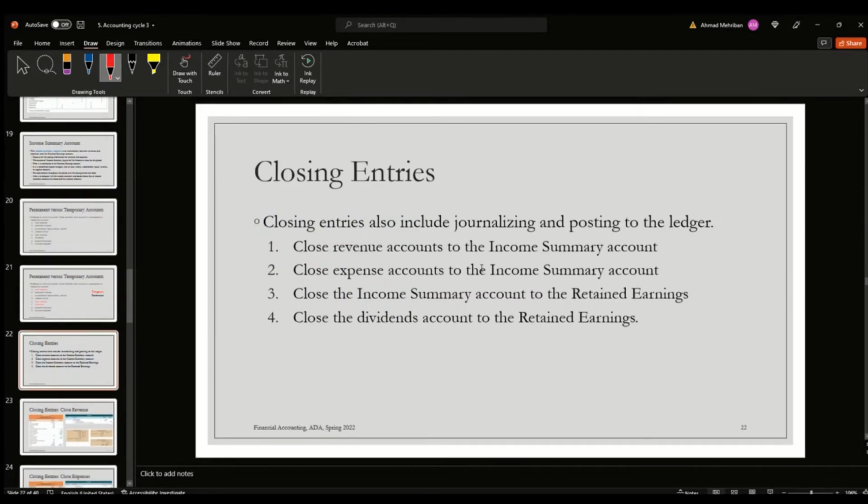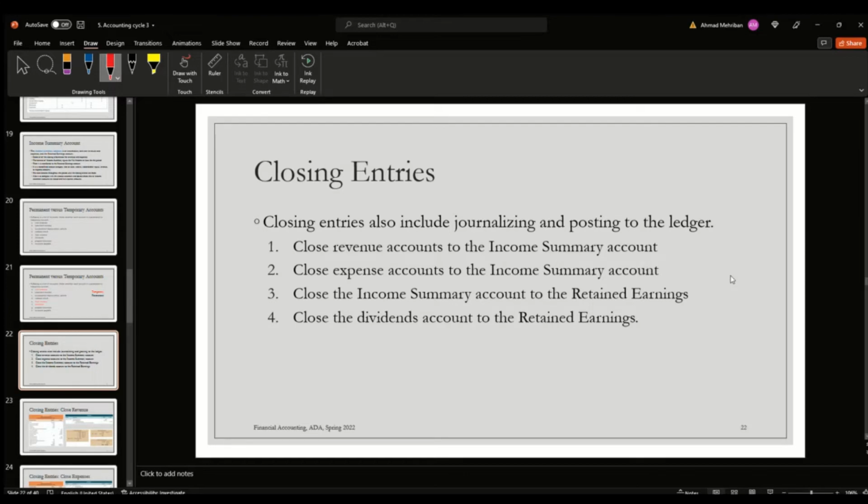This is the proper sequence of steps to close entries. So once you have completed your trial balance and adjusted trial balance, using which you have built your financial statements, right?